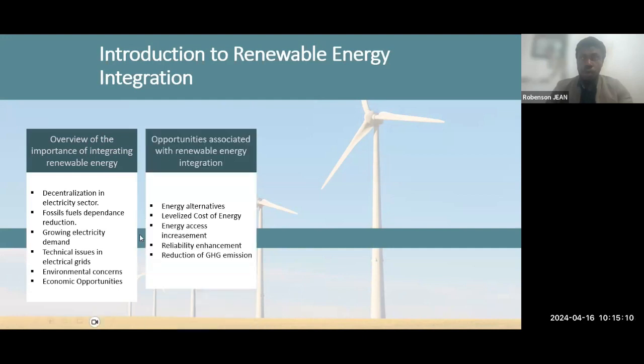So let us see the opportunities that are associated with our renewable energy integration. First of all, we have many alternatives. The alternatives are the fact that there are many sources that we can consider. This depends on the resources that are available in our areas.